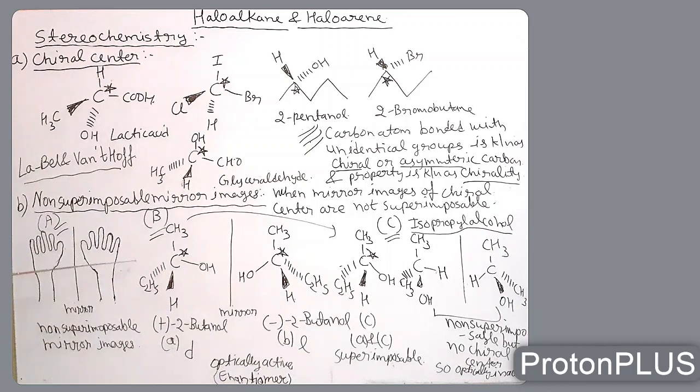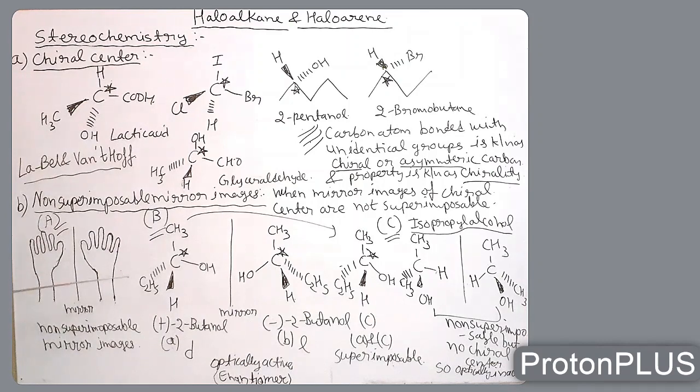So this is the starred carbon that is directly bonded to 4 non-identical groups, that is CH3, OH, C2H5 and H. When we place a mirror, we get the mirror image. Now these two mirror images are like the left hand and right hand, and these two mirror images are not superimposable.